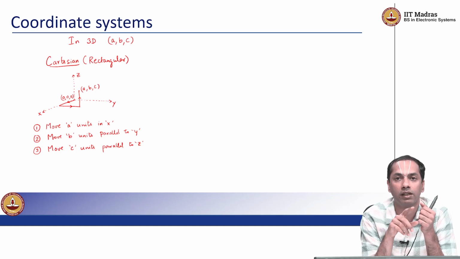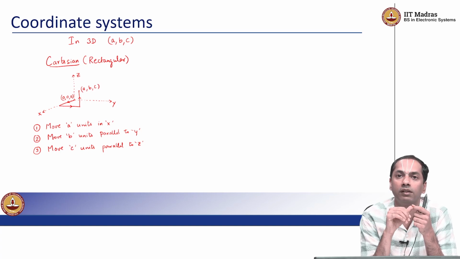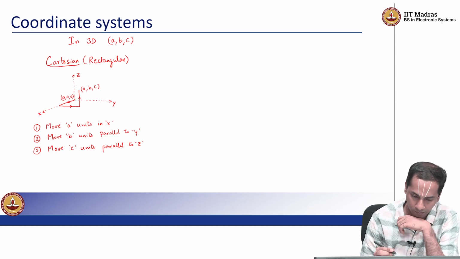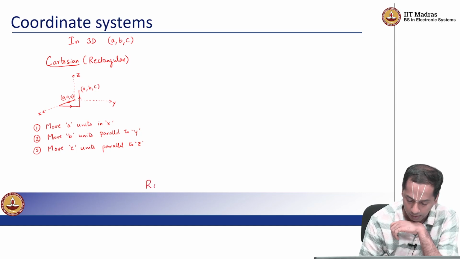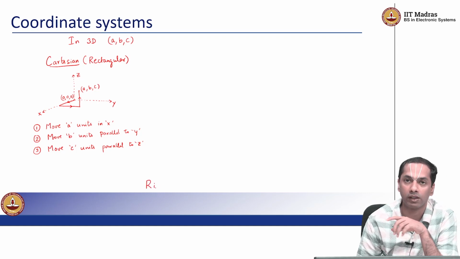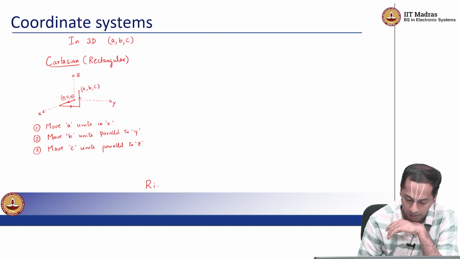So if I were to take any of these in order, that is, if x and y were to be represented by the movement of my 4 fingers, then z would be the resultant, which is indicated by the thumb, right? And similarly, if you took y and z, I would get the direction of x, and z and x, I should get the direction of y, right? So this is true in general for all the coordinate systems that we are going to see. The 3 coordinates, the ordering is very important, right? And they also obey the right hand thumb rule.